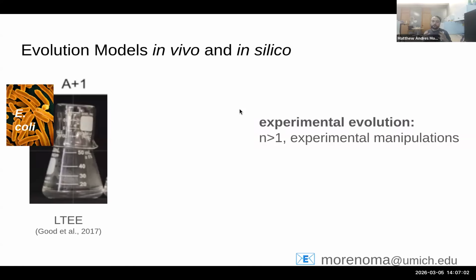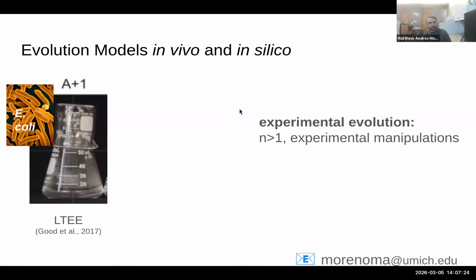And these simulation systems can also help to buffer against probably the hardest logistical challenge of doing evolution experiments, which is just the pure amount of time that it takes for generations to elapse, even with microbial model organisms.